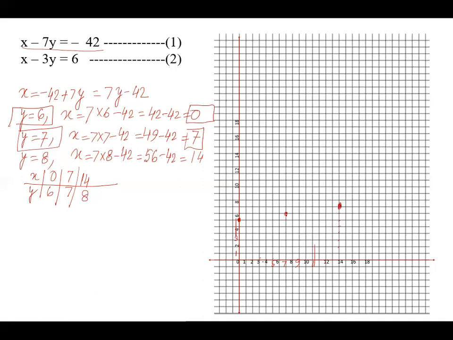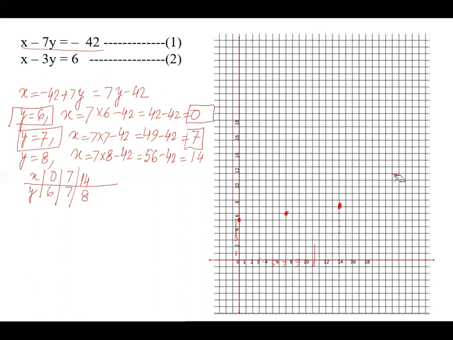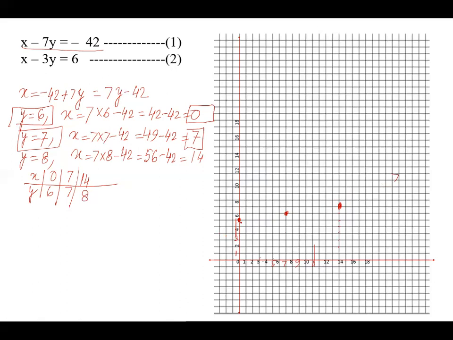So you will draw a line joining these 3 points with the help of a scale. So you have to write the equation here: x minus 7y is equal to minus 42.